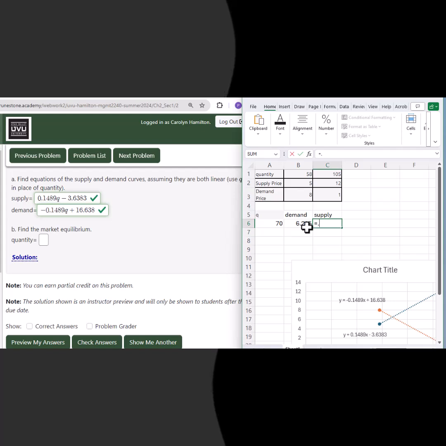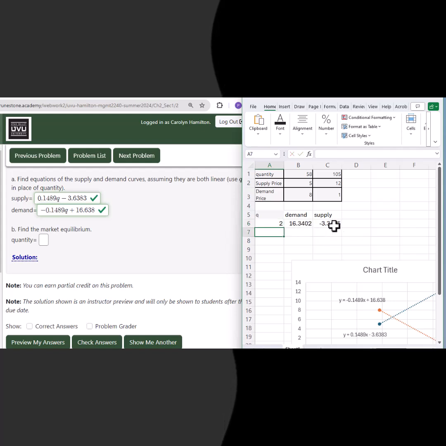And supply is equal to 0.1489 times, get the quantity, subtract 3.6383. So now you can see that if I change the number of units, demand and the supply will update.